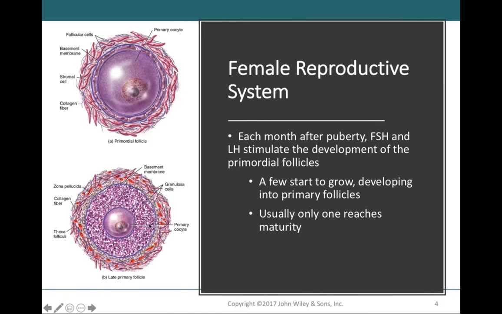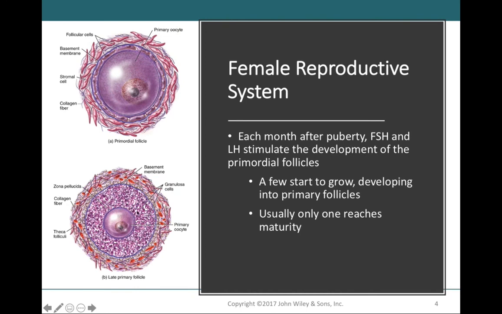can already start to see some differences between these two stages. The first thing that we can notice is that the primary oocyte is going to be wrapped up in a new layer known as the zona pellucida. The zona pellucida is going to wrap around the oocyte, and it is this layer that the acrosome of the sperm cells will be carrying digestive enzymes for so that they can make their way in to penetrate the oocyte.